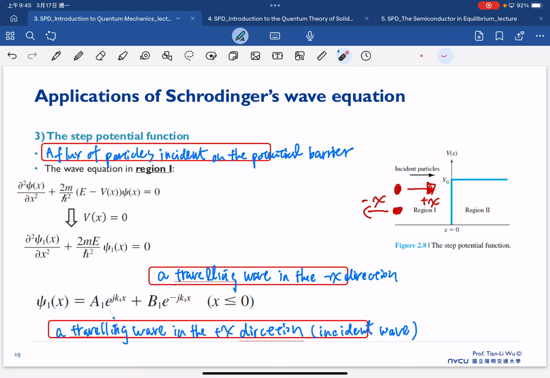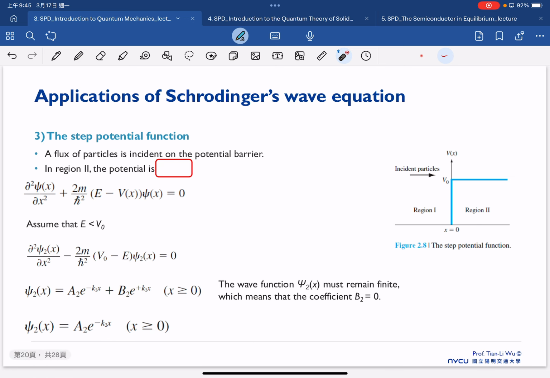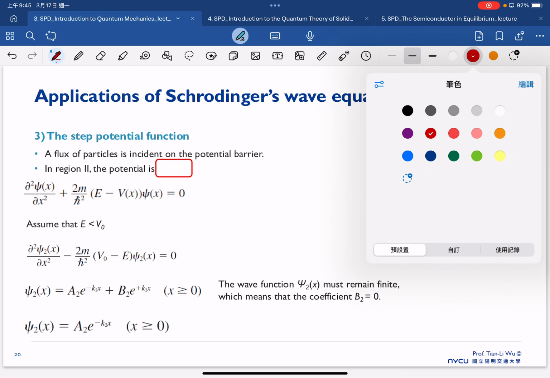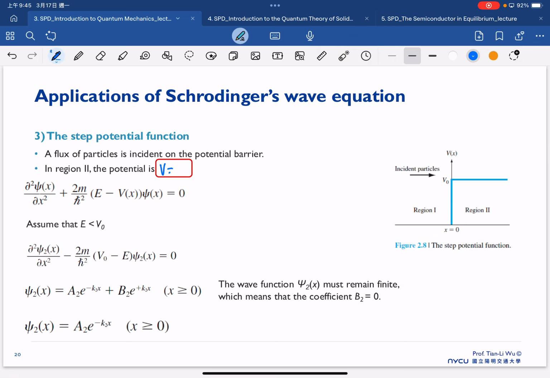Of course, in the case of the finite potential function, we are not only considering region 1, but we also have to consider region 2. In region 2, we have the potential V equal to V0. The calculation is almost the same.